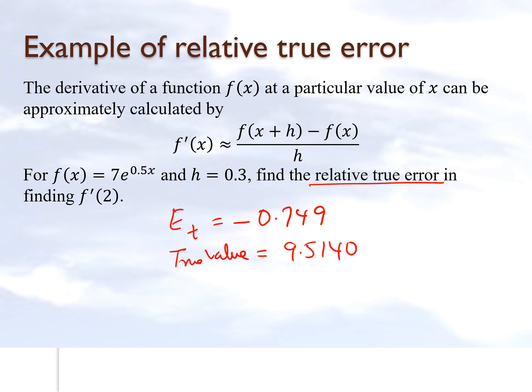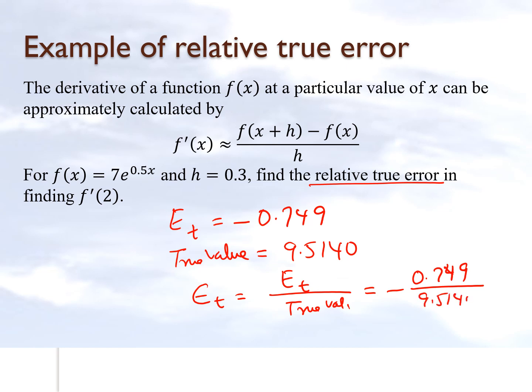So what is the relative true error? The relative true error will be the true error divided by the true value, and that gives us minus 0.749 divided by 9.5140, and this number here is minus 0.078726. That's what we get as the relative true error.